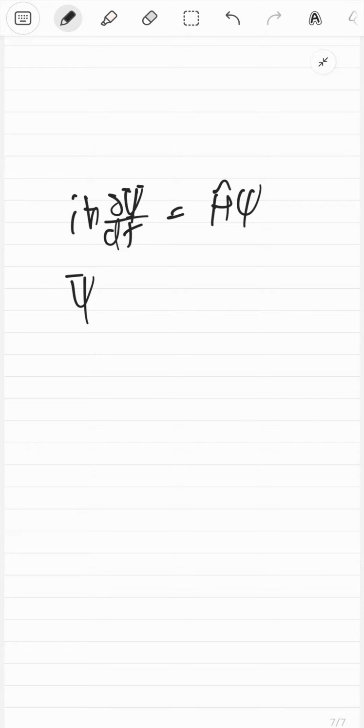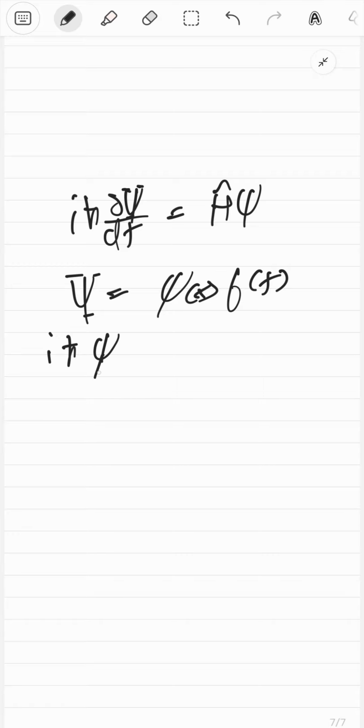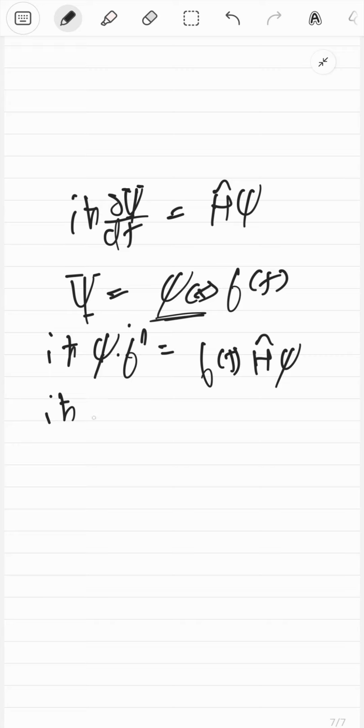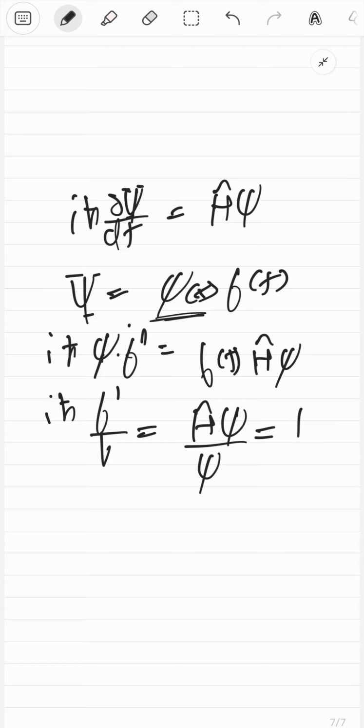And so if I think of the psi thing as just some psi of x times some f of t, then what we'll essentially get is i h bar psi f dash is equal to h hat applied on psi f. This h hat is actually just going to be applied on the part that depends on x, and so f just comes on the front. But now you can divide by psi f and you just get i h bar f dash upon f is equal to, and this is actually what we set to E, right?